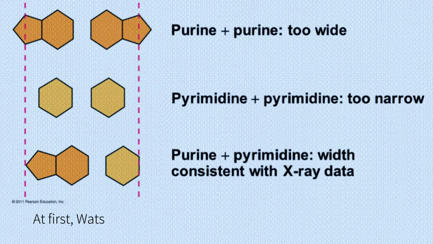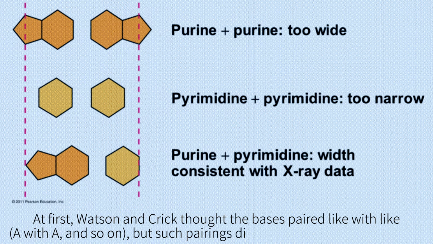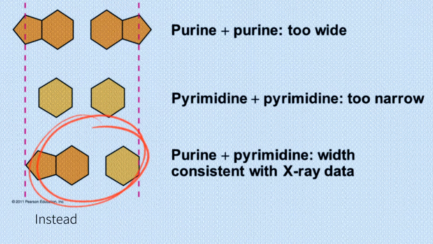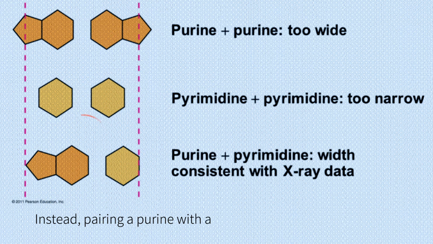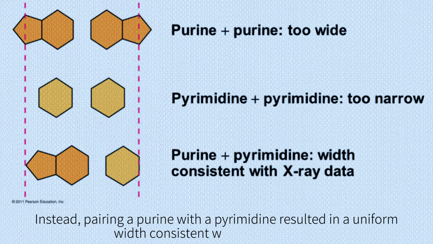At first, Watson and Crick thought that the bases paired like with like, A with A and so on, but such pairings did not result in a uniform width. Instead, pairing a purine with a pyrimidine resulted in a uniform width consistent with the X-ray data.